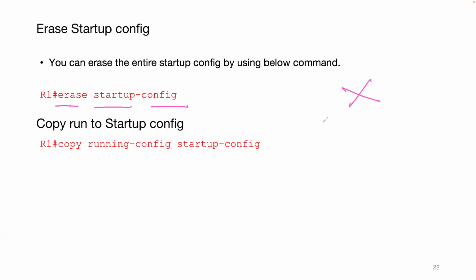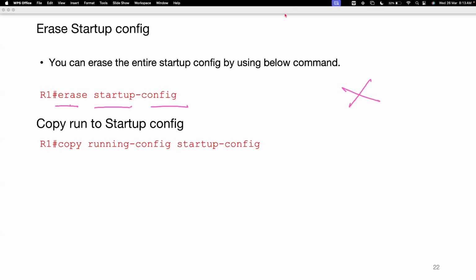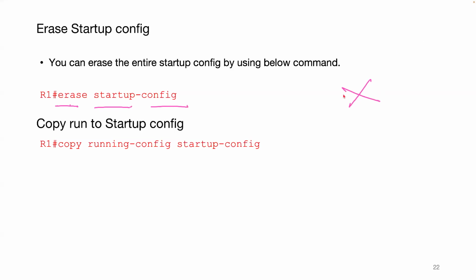So we cannot delete it. So I can type erase startup-config and I can delete whatever is there in the NVRAM. RAM contents you cannot delete, because that is what is running.